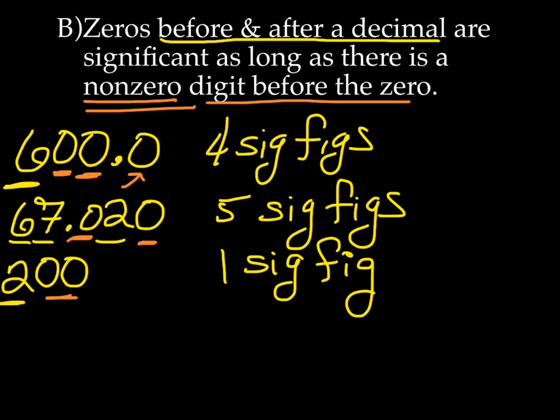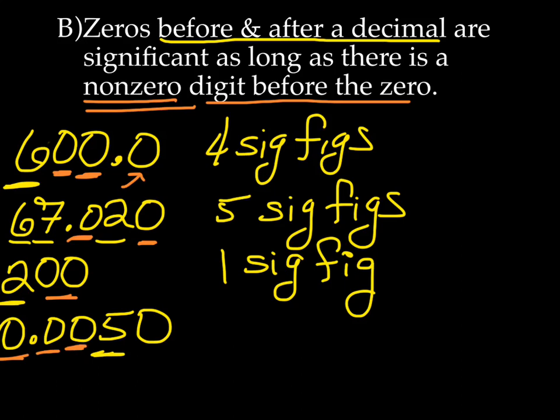Okay, one more. How about 0.0050? Okay, the 5 is significant because it's a non-zero digit. What about this 0? It's not between two non-zero digits. It is before a decimal, but there is no non-zero digit before the 0, so it's not significant. How about these 2?